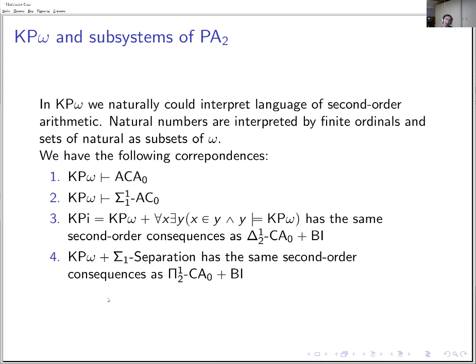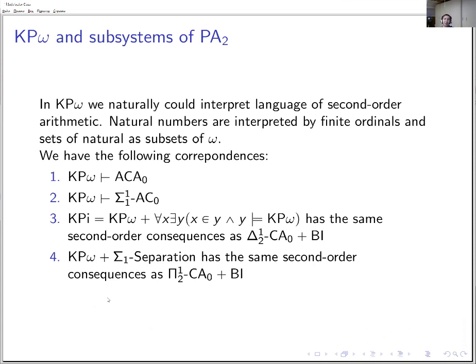And finally, if you add to KP omega principles of separation, then you will get comprehension in second-order arithmetic, but just one level above.